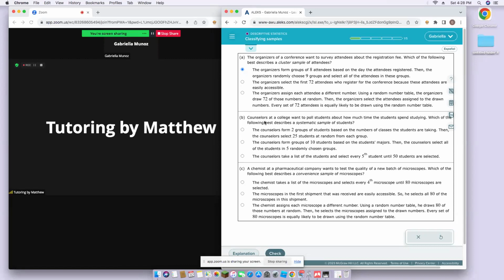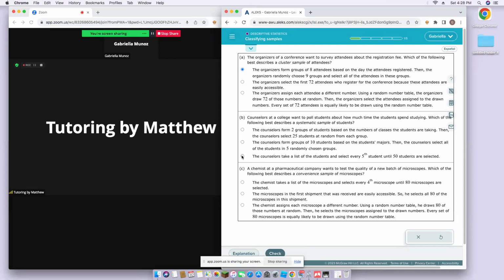Letter A and B, they form 2 groups, but then they select randomly from each group. No, I'm sorry, I'm thinking of stratified. Systematic is when you choose every nth student. So that's the third option there, every 5th student.